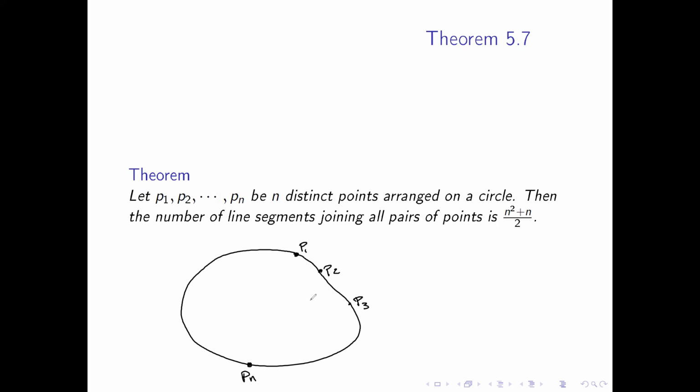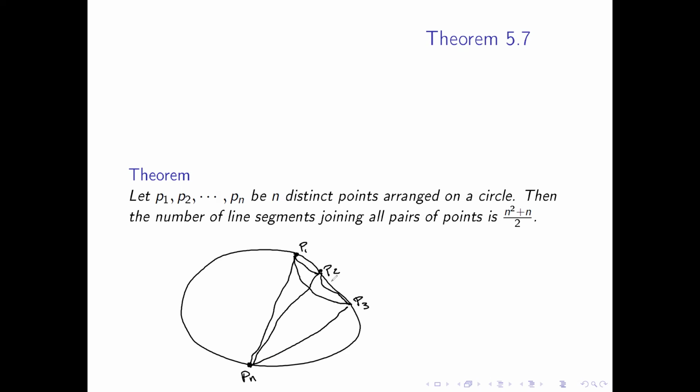Then the number of line segments joining all pairs of points is n squared plus n over 2. In other words, the number of line segments that go from here. So in this case, if I just did this, I have 2 line segments, 3 line segments. Truthfully, in a circle, there's also going to be a line here.